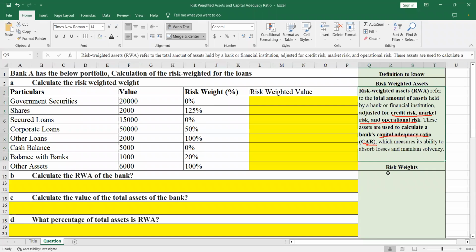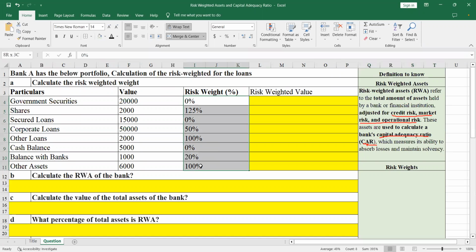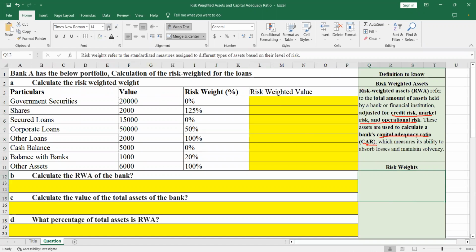The second thing is, what are the risk weights? What do these risk weights represent? Risk weights are a standardized measure assigned to different types of assets. For assets with extremely low credit risk, market risk, or operational risk, the risk weight could be 0, for example with government securities.